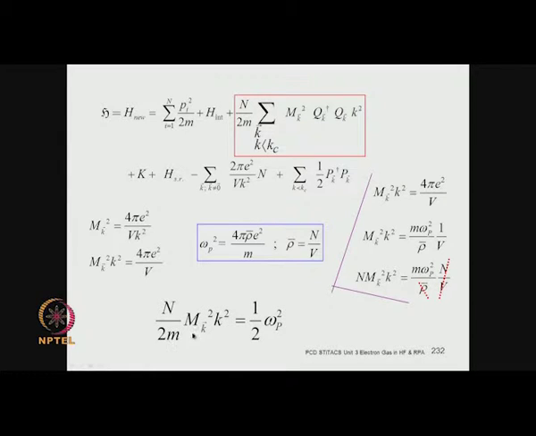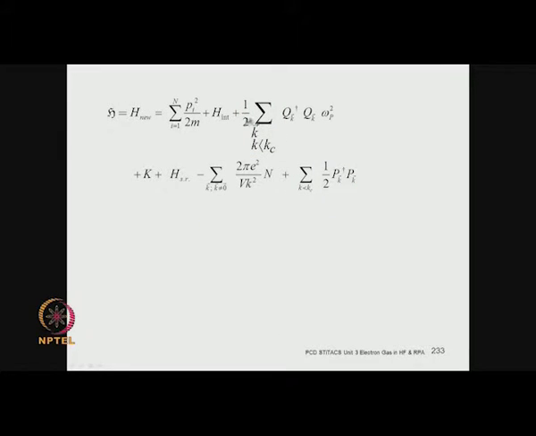So, n over 2 mk square k square, because if you divide this term by 2, then you get half of omega square. So, that is the half omega square written here. So, we have rewritten this term. Now, it looks a little more familiar and much more like the harmonic oscillator term.